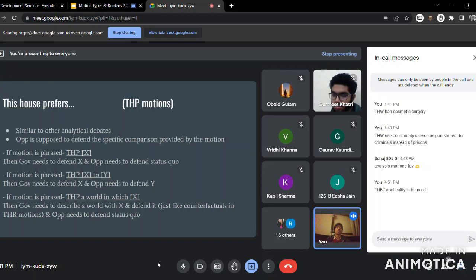A student choice based model would probably give more freedom to the students in terms of choosing which subjects they want to study and how much they want to study them. So those are more free in nature. So if the motion is this house prefers holistic education models to, let's say, student choice based models, the people who have made the motion have defined both what gov has to defend and what op has to defend.